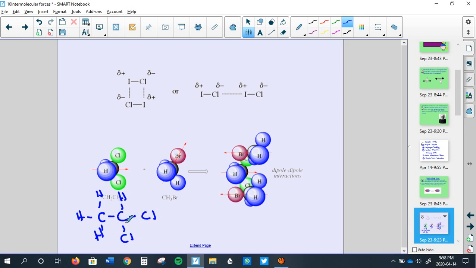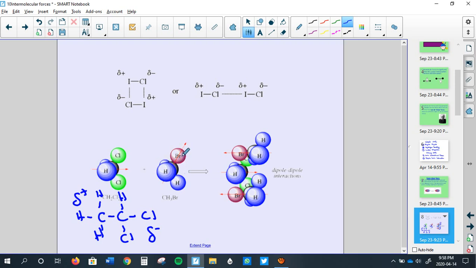This end has a greater electronegativity because of your chlorine atoms here, so we're going to have a negative dipole here, and if electrons are being pulled in this direction, that means this portion here is going to have a positive dipole. So this polar molecule can then interact with other poles of other molecules, creating dipole-dipole interactions. And these red arrows here show the direction of this increased pull because of differences in electronegativity.